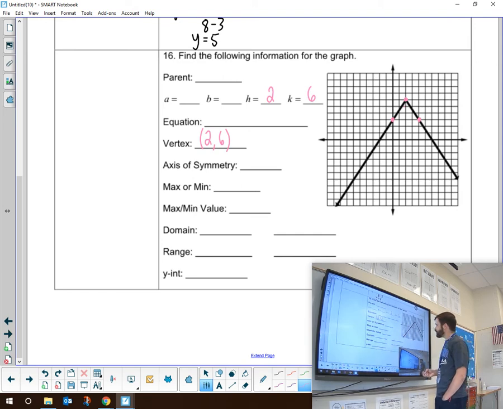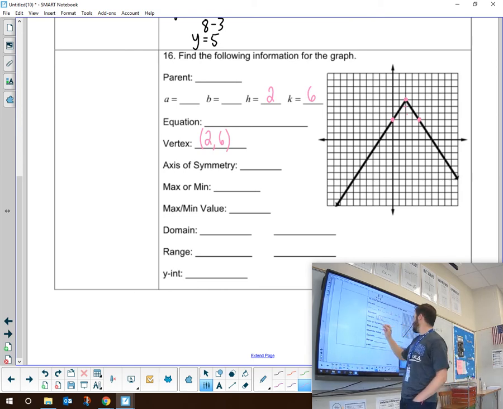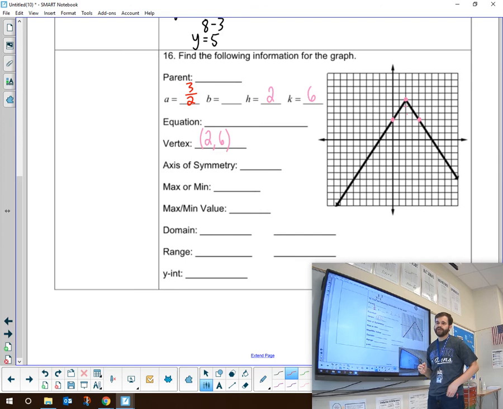We count down 1, 2, 3 over 1, 2, and you can think about that as your slope. So down 3 over 2, that means my a is going to be 3 over 2. We have a vertical stretch of 3 over 2 because it's not up 1 over 1. It's down 3 over 2.